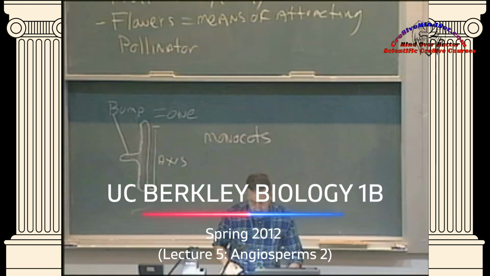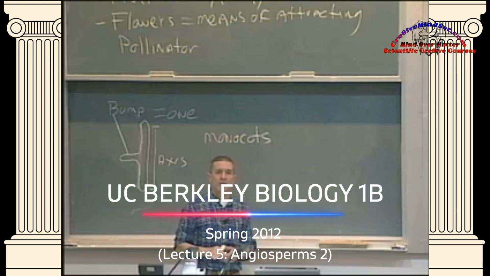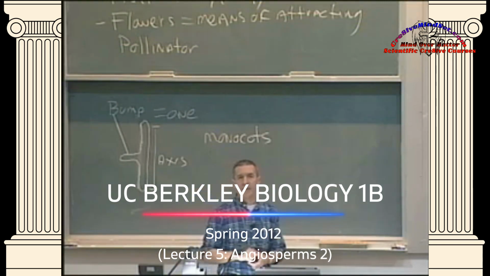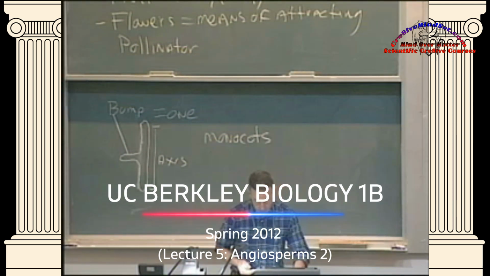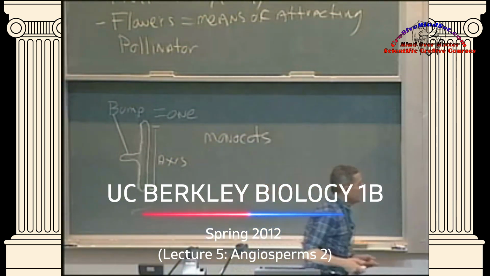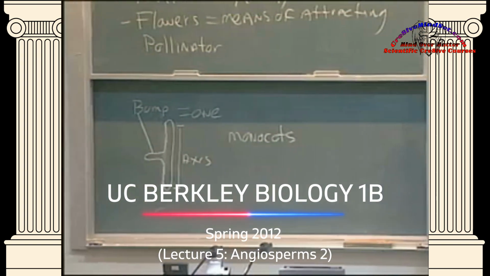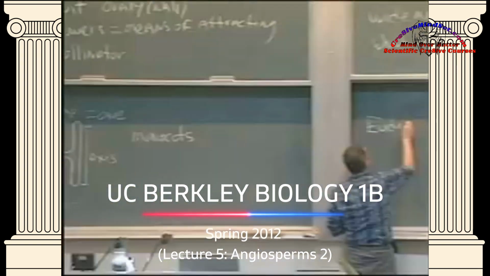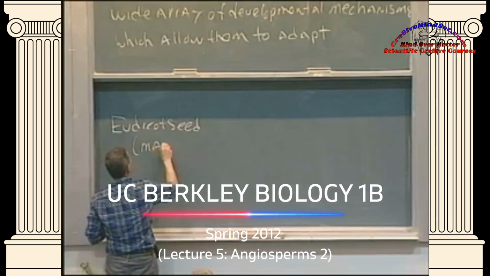Now, what I'd like to do is to talk to you about the seeds which have these two types of development, and specifically to focus on what happens to the embryo and what happens to the endosperm, this sort of strange triploid tissue that we've introduced you to. In the beginning, let's look now at a eudicot seed, and let's say it is mature.